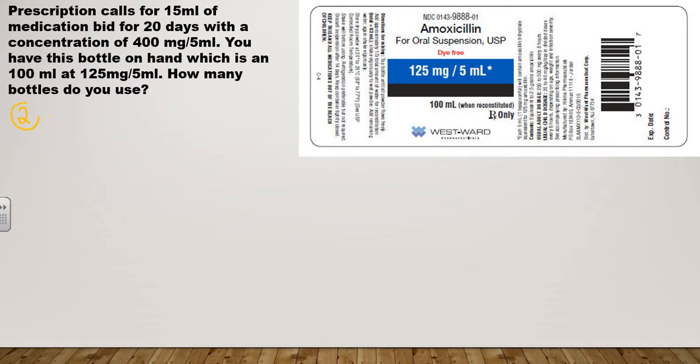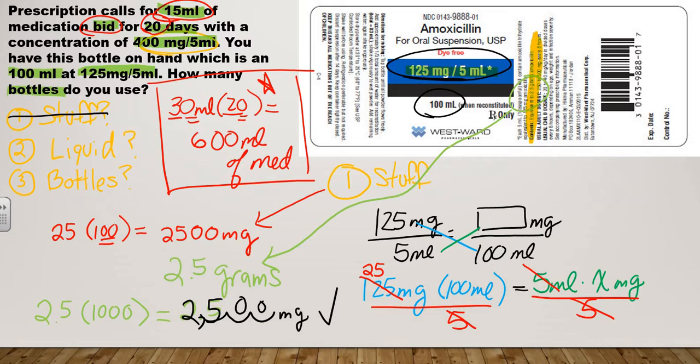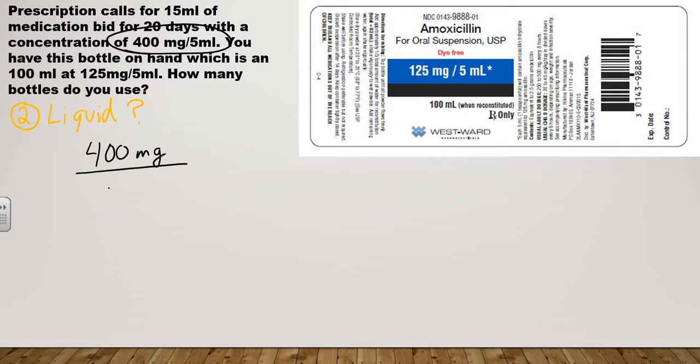Number 2. Now we need to figure out how much liquid we can get out of this bottle with our desired concentration. Our desired concentration is 400 milligrams to 5 milliliters.